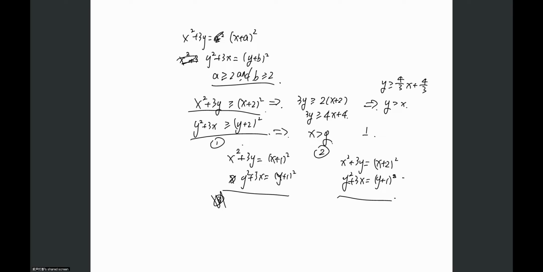And so first, let's consider the first case. Okay, so both a and b equal 1. x squared plus 3y equals x plus 1 squared, so 3y equals 2x plus 1, and 3x equals 2y plus 1. So this is an equation with two variables.